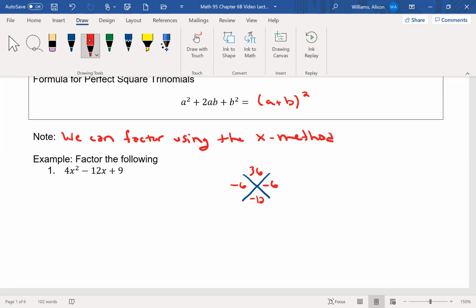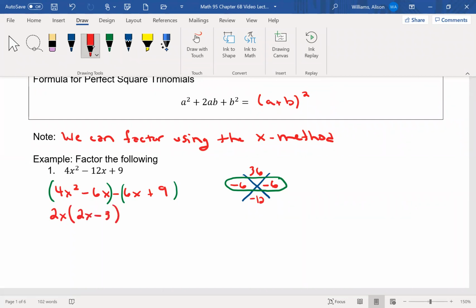Okay, so I'm going to rewrite this as 4x squared. And instead of negative 12, I'm going to use this negative 6 and negative 6. Negative 6x, and then bring down that plus 9. Okay, so now that I have 4 terms, I'm going to factor by grouping. Out of the first group, I can factor out a 2 and an x, and I'm left with 2x minus 3.